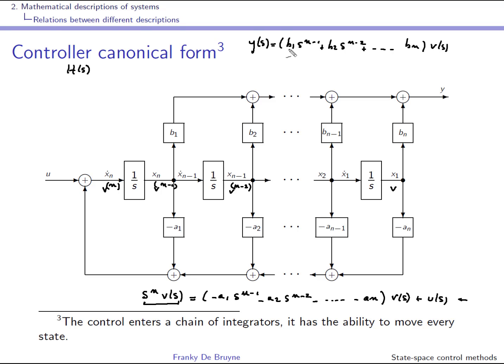So the output is constructed by all those terms here: b1 times the n minus 1 derivative, plus b2 times the n minus 2 derivative, up to bn times v. Okay, so this is how y is constructed. So this is how you can implement this strictly proper transfer function, and you need, of course, n integrators.